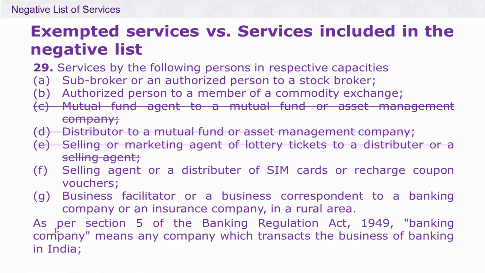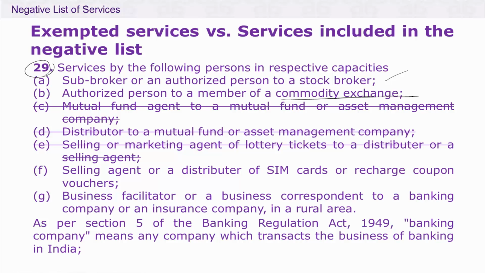This is entry number 29: services by the following persons in respective capacities, say a sub-broker or an authorized person to a stockbroker. This is exempt, even today. And an authorized person to a member of a commodity exchange, because commodity transactions are also taking place, speculative transactions.